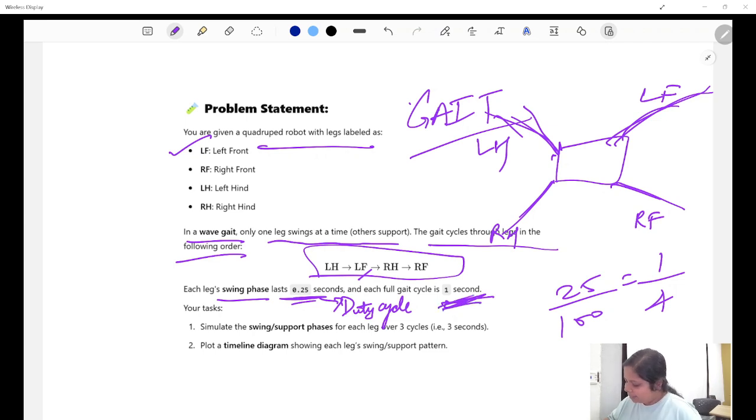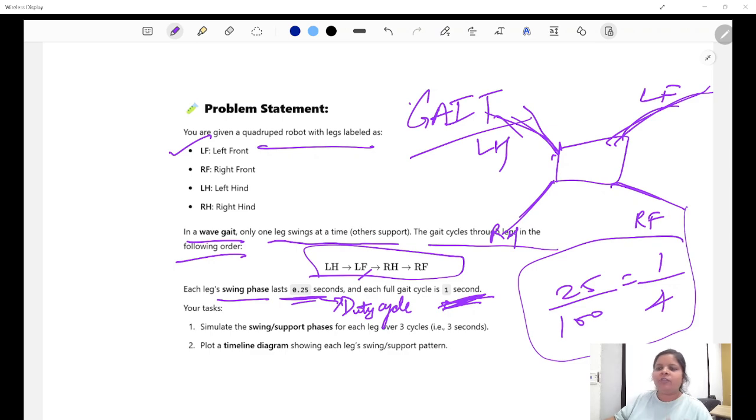Here it would be 0.25 of 1 second. So for 1/4 of the time, one of the legs will be lifted and the others will stay on the ground. Then the other leg will be lifted and the others will stay on the ground. So you'll have one leg being lifted for 25% of the time. The full gait is 1 second.